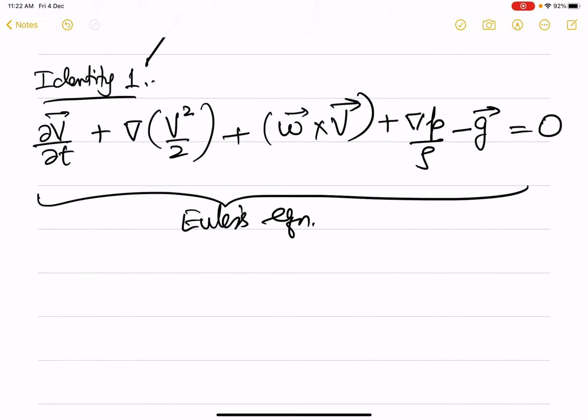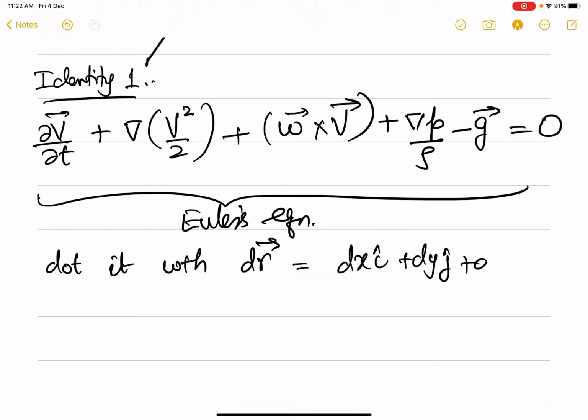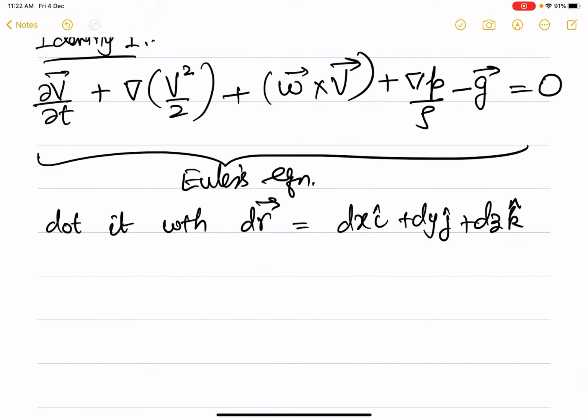Okay. Now here the first thing we do is, let us take this whole equation and dot it with a small dr, where dr in general we can write as dx i plus dy j plus dz k. That means we are taking a dot product of these equations with a small directional movement.